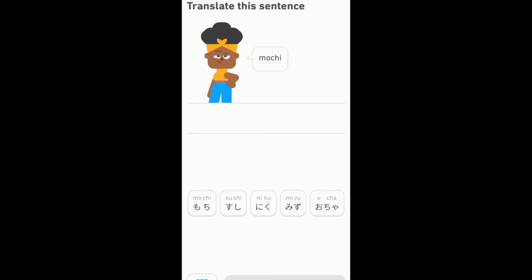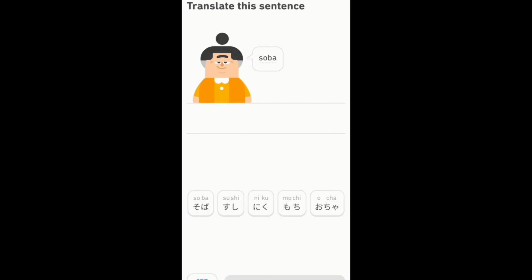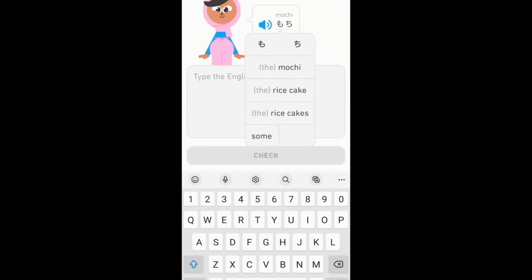So, mochi. Mochi is just mochi. It's the same in English because it's a Japanese dish and there is no translation. Ocha. I don't think we have. You can try and you should get this. Ocha. And soba. Soba is the same. And what is mochi in English? You should know this because it is exactly the same.